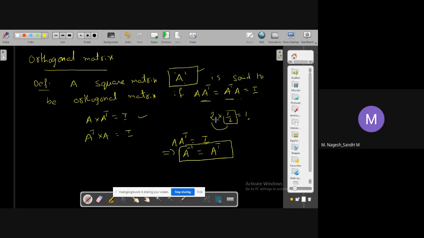So when the question asks what an orthogonal matrix is, you write A into A transpose equal to identity, or you can say A inverse equal to A transpose, therefore A is an orthogonal matrix. We derived the second from our knowledge, and the first is the given basic definition. You can write either one, or mention both, which is very good.